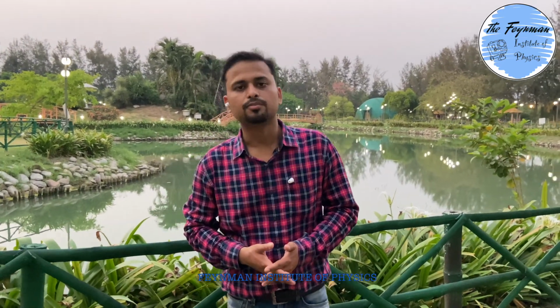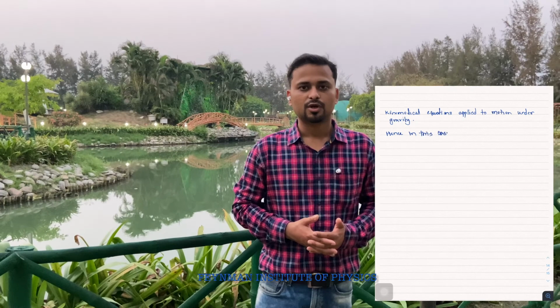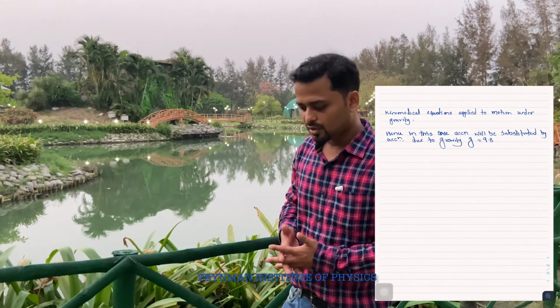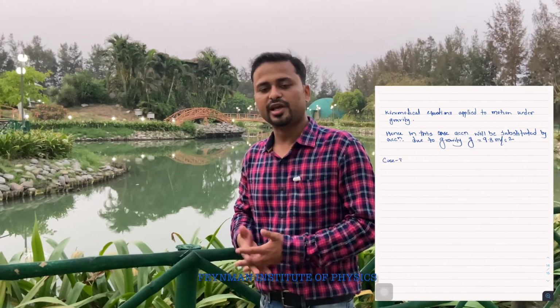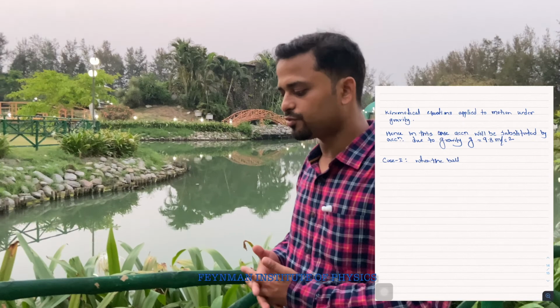Also, we can modify these formulas for a particular situation, like motion under gravity. Suppose we are throwing a body upward. In that case, the motion of the object is in the upward direction, and the force of gravity acts in the downward direction. So the force acts opposite to the direction of the motion of the object. In that case, we need to take the negative sign and modify the formula.